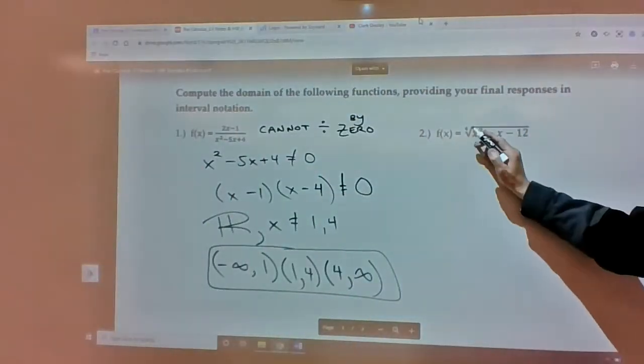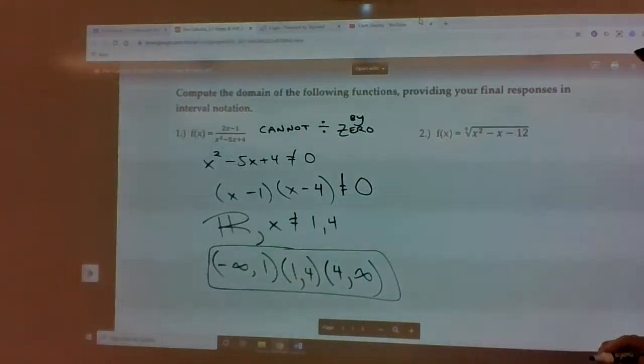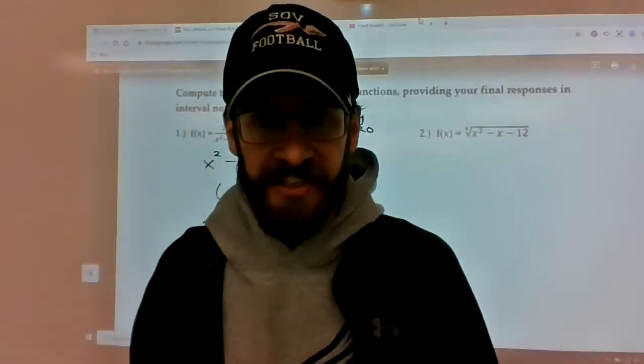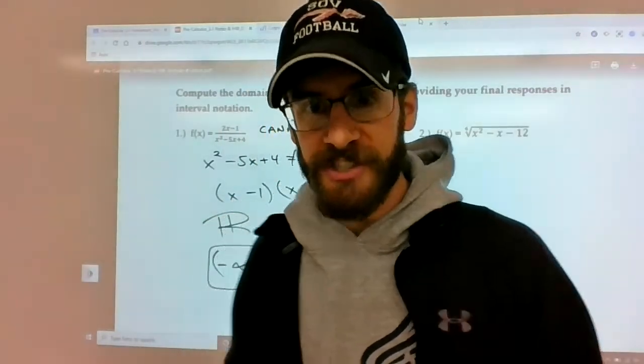Number 2, we've got the 4th root of x squared minus x minus 12. You're going to set the inside of the root greater than or equal to 0, because it must be greater than or equal to 0.